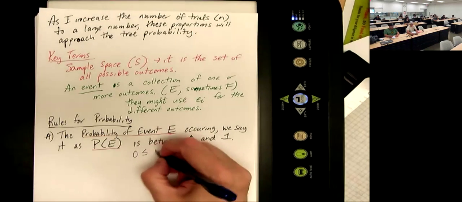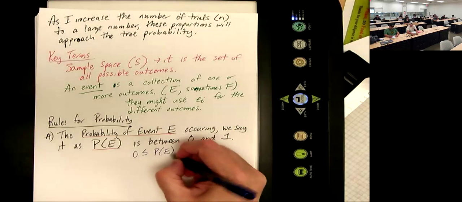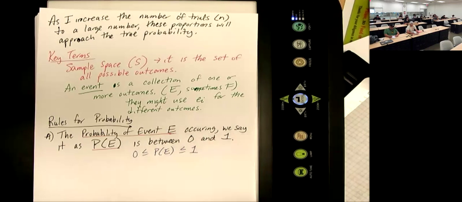Zero is less than or equal to the probability of event E, which is less than or equal to 1.